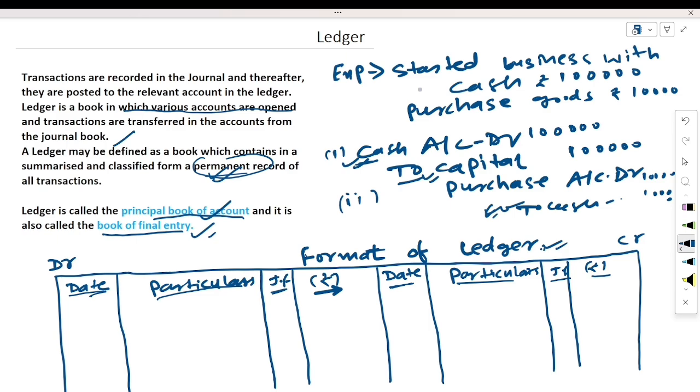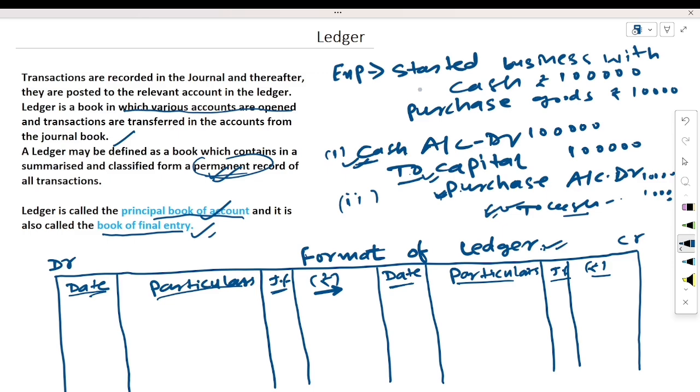In transaction 2, the first account is the purchase account and the other is the cash account. The cash account is the same in both, so both will be transferred in the same book. But capital and purchase are different, so we will have to make different ledger books.